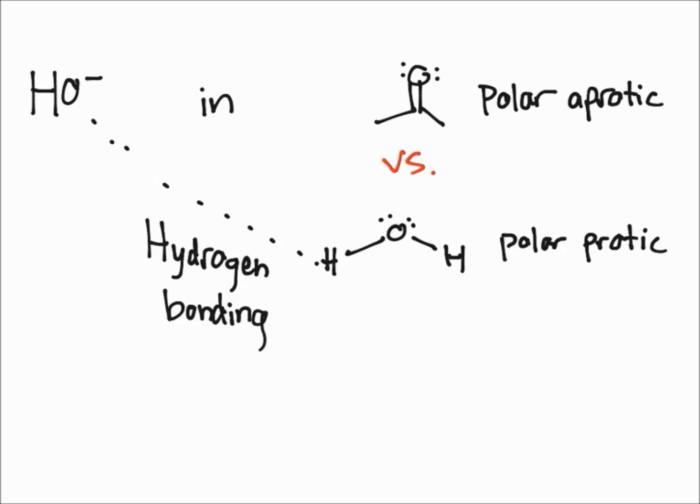While in a polar aprotic solvent such as acetone, the nucleophile is not strongly solvated, and as a result it's free to partake in its reaction, and you have more OH minuses available to participate in the SN2 reactions. Furthermore, we have to determine whether a polar or nonpolar solvent would be better.